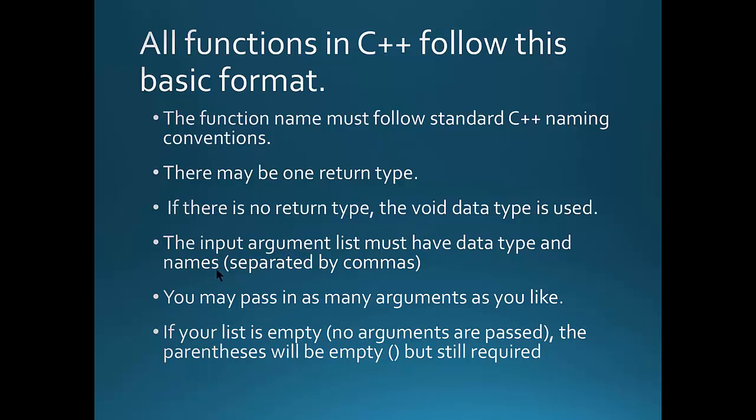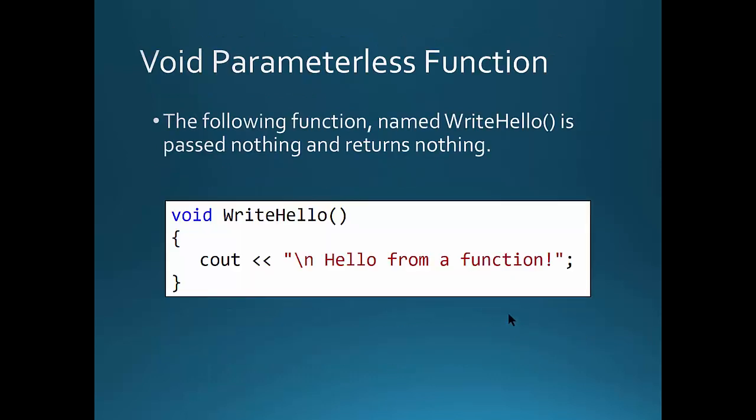The argument list, the list in parentheses separated by commas, must have data types and names that look very similar to variable declarations. And you may pass in as many arguments as you like, or as few, either 0 or more arguments. If your argument list is empty, you still need the parentheses. They're just going to be an open and closed parentheses.